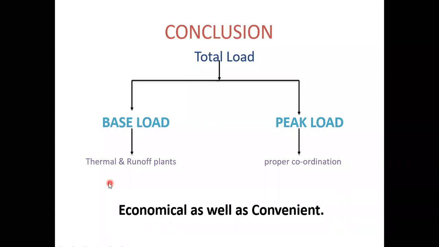So when you use thermal and runoff plants to meet your base load, and use proper coordination between thermal and hydro to meet your peak load, definitely we will get the benefits, especially from the economical point of view and at the same time the flexibility point of view, or we can say convenience.